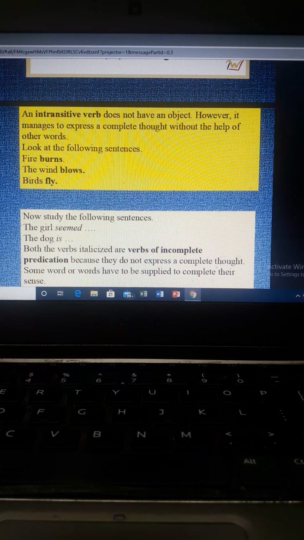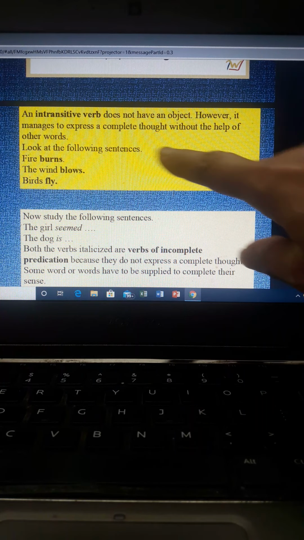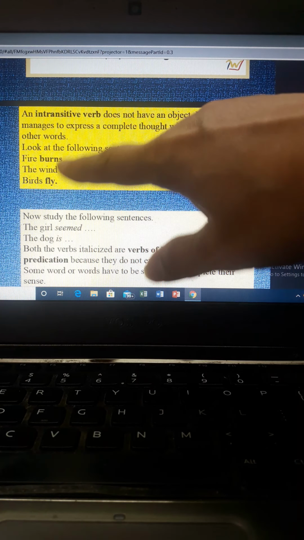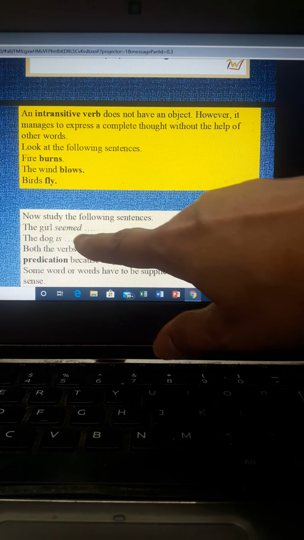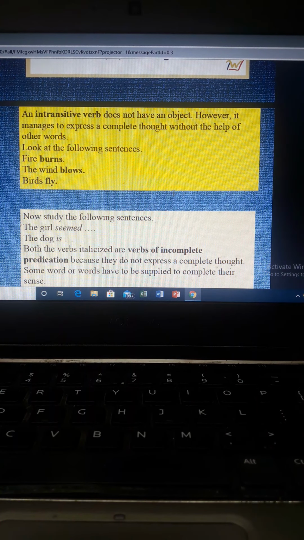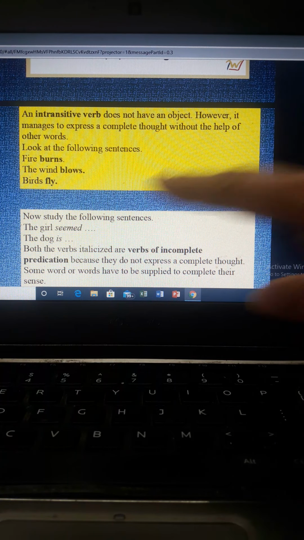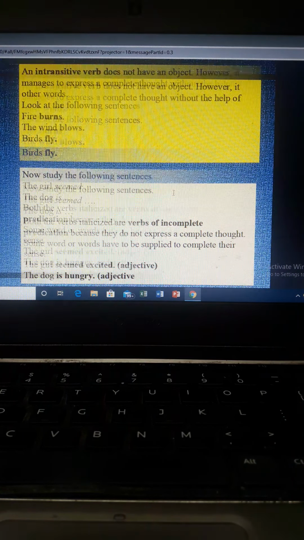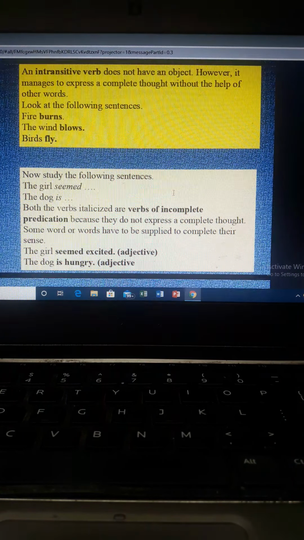So in such intransitive words, not in the previous one, student. In the previous one, the intransitive word is making complete sense. But in sentences where intransitive verbs do not make complete sense, such verbs will be called verbs of incomplete predication.